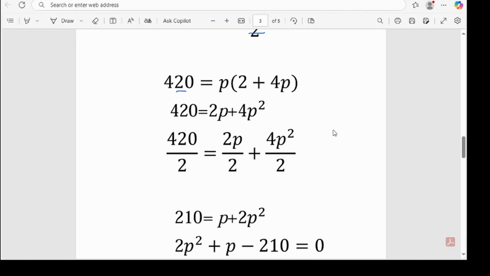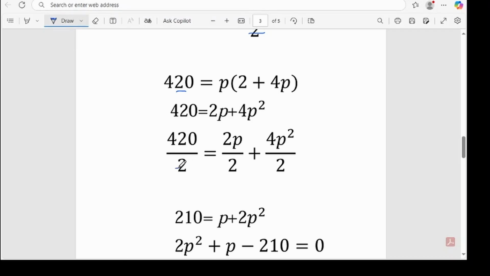In order to make the equation simple, we divide through by the LCM, the least common factor. Amongst 420, 2 and 4, the least common factor that can equally divide everything throughout is 2. That's how come we divided each side by 2. So we get 420 divided by 2 equals 2p divided by 2 plus 4p squared divided by 2.